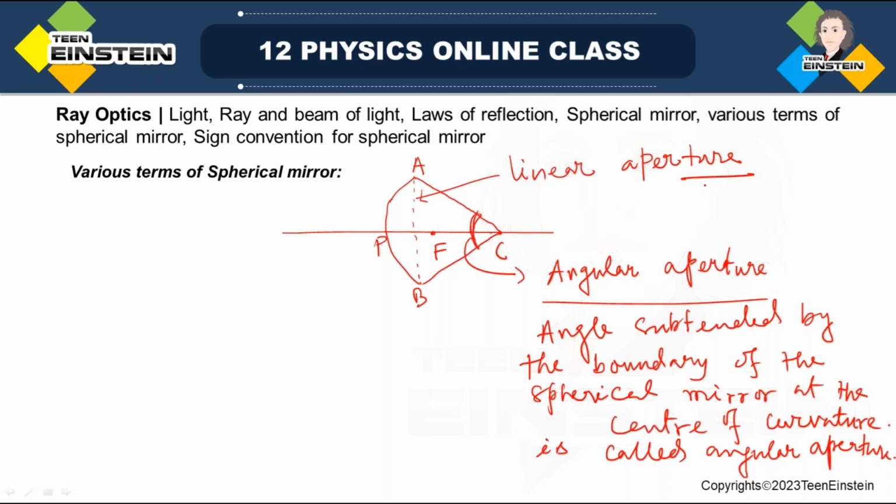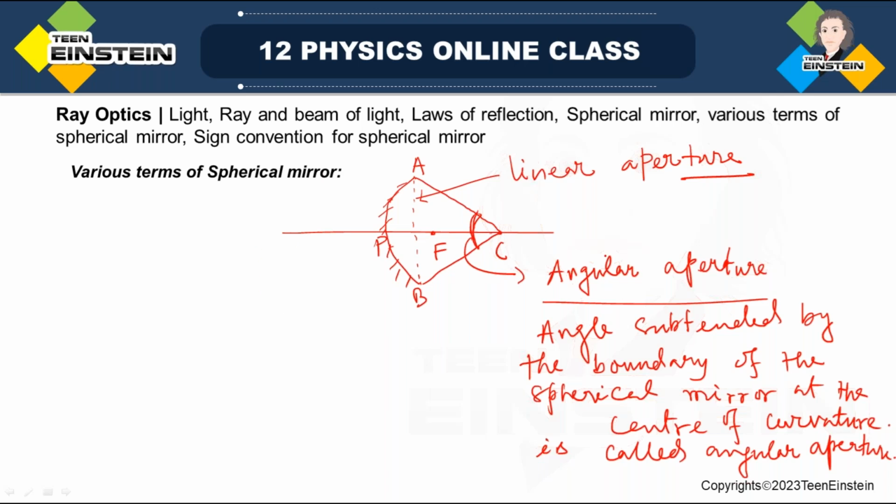So we have learned linear aperture, which is the diameter of the circular boundary of the spherical mirror. This is the polished surface, so it is a concave one. And angular aperture is the angle subtended by the boundary of the spherical mirror at the center of curvature.